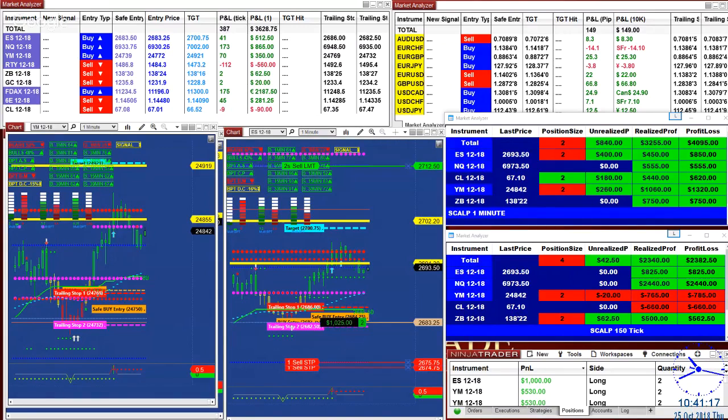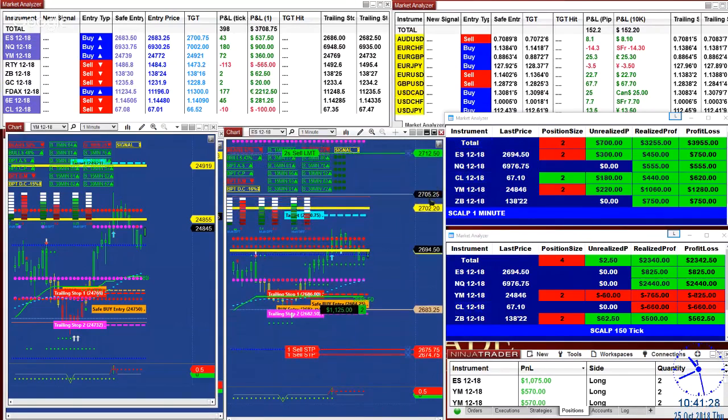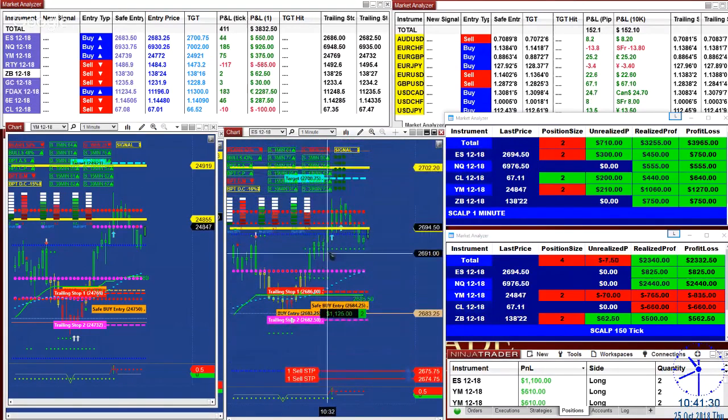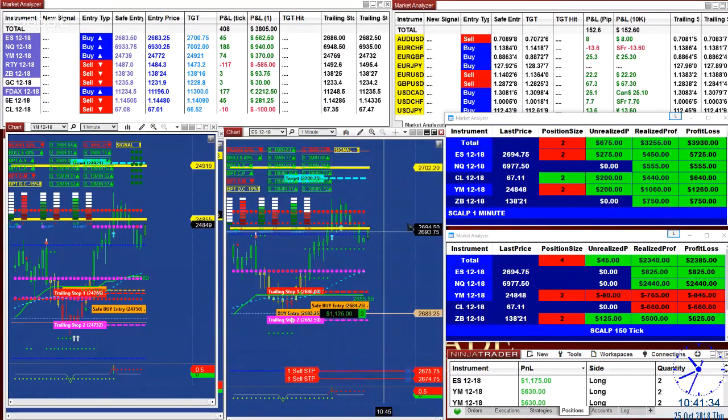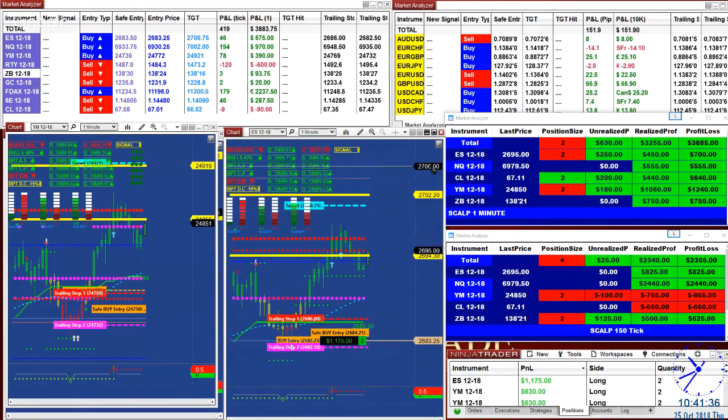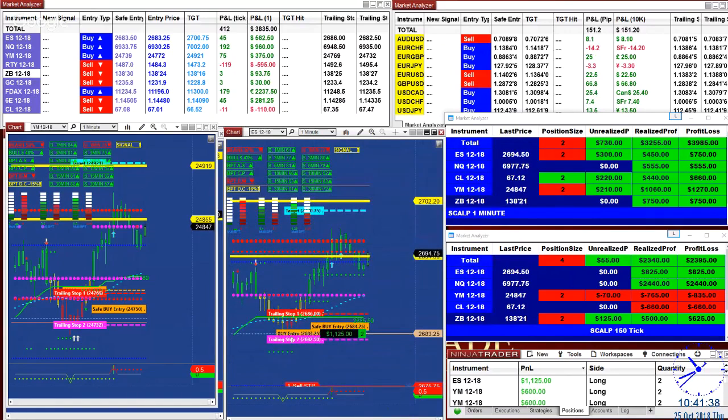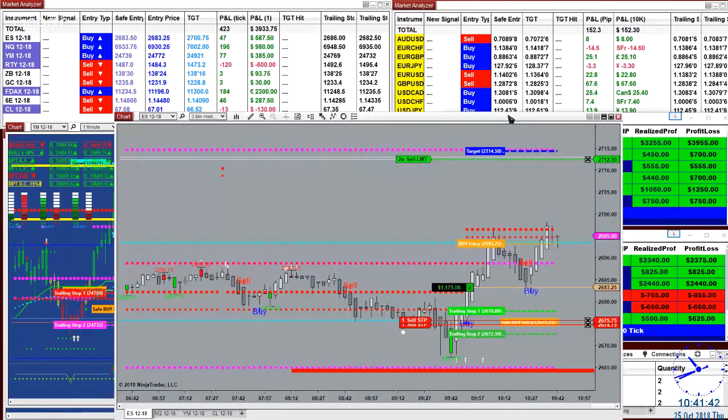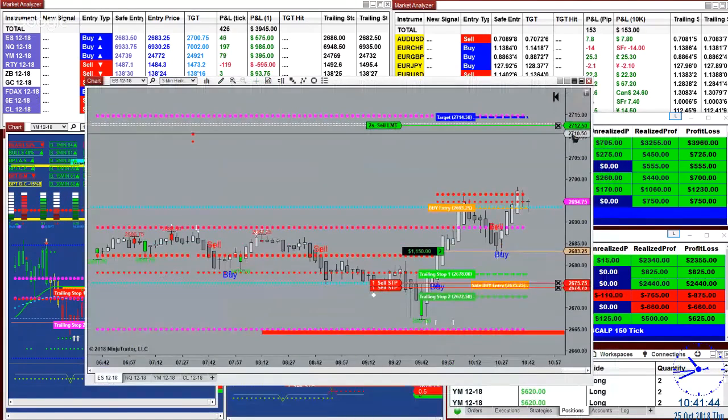Now, let's go back here. What we have is a problem again on the double resistance line, and we have the projection at 2691.50, and it is a matter of time before we are able to break it. This is a very clean picture on the 3 minutes.